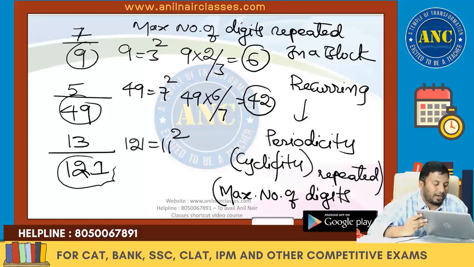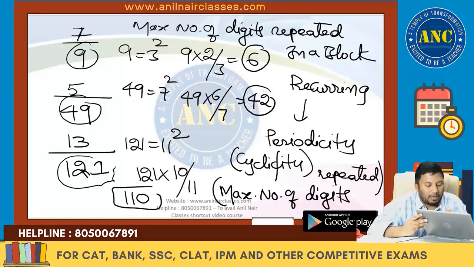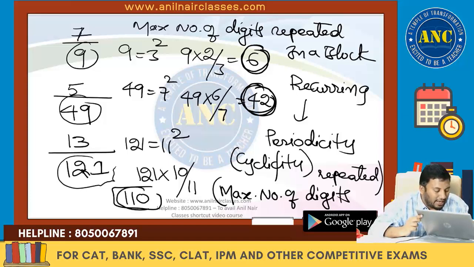Power is an even number I took. Then 11 into 10 is 110. The maximum number of digits repeated in this block is 6, and it is 42, and it is 110.